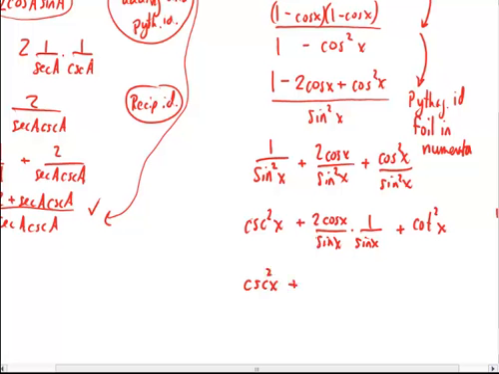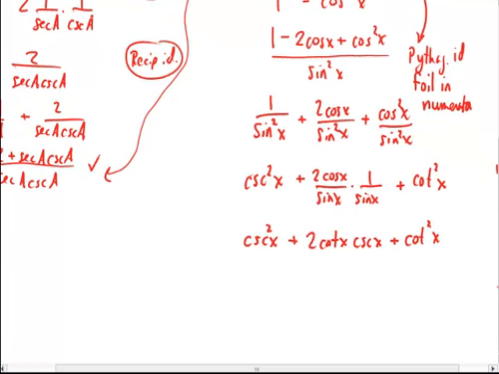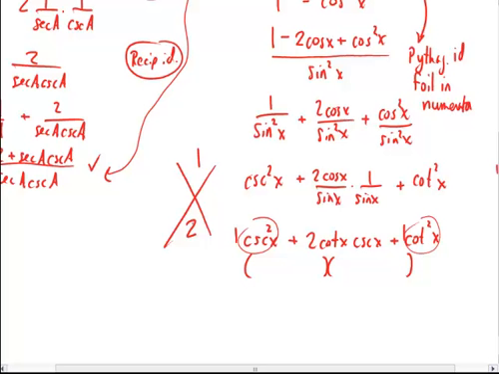Cosecant squared of x plus 2 cotangent of x cosecant of x plus cotangent squared of x. So this happens to be a form that can be factored. If you look at the x method and you consider what multiplies to give you 1, because you have a 1 here and a 1 here, adds to give you 2, the magic numbers are going to be 1 and 1.